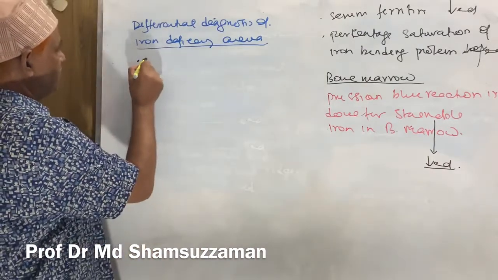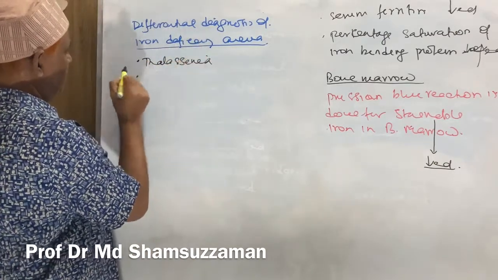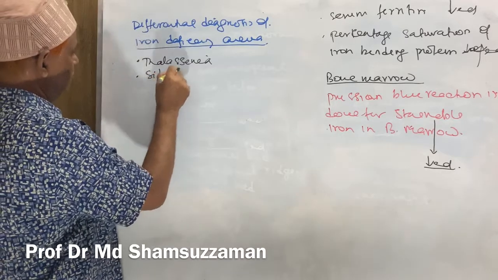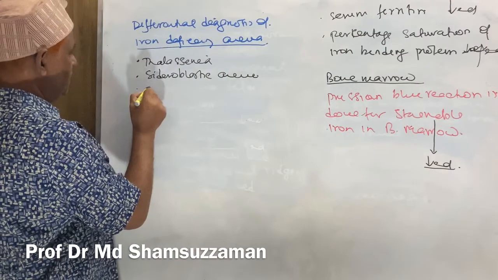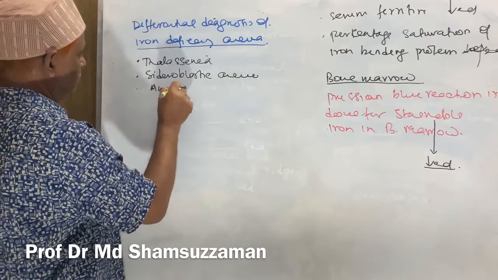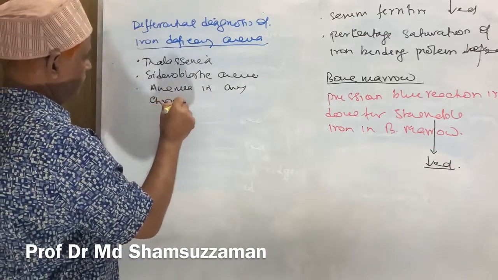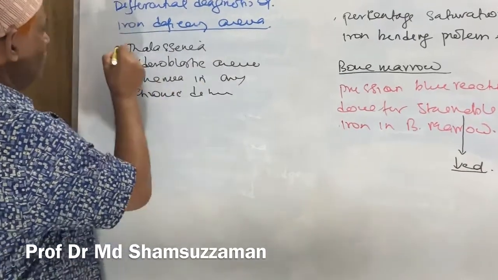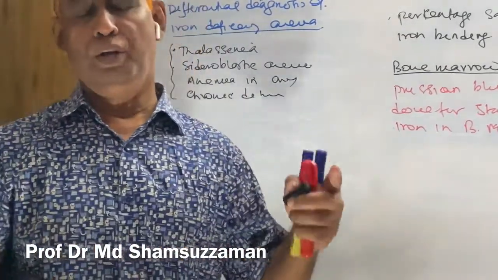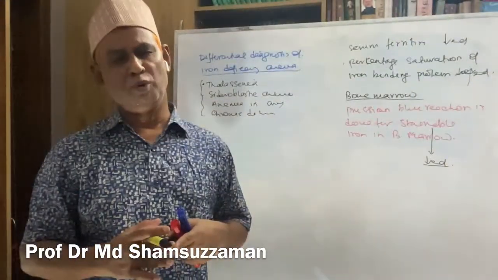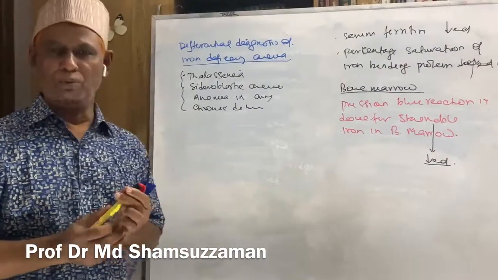One is thalassemia, another is sideroblastic anemia, another is anemia of chronic diseases. So these are the differential diagnosis of iron deficiency anemia when we get microcytic hypochromic RBC. This is all about iron deficiency anemia. Today up to this, thanks all.